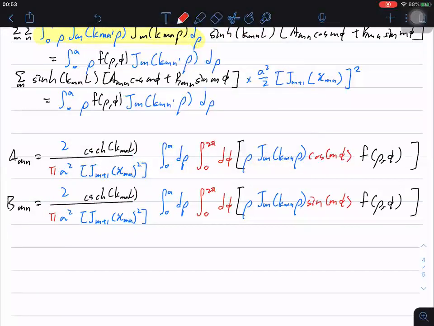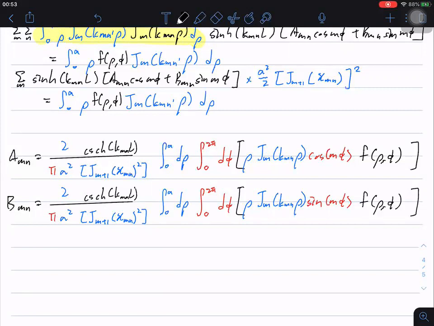So here, you obtain the coefficients. For any general function f, once you obtain the analytical form of f, you just plug it into the integral, perform the integration, and then you can find the coefficients of a_mn and b_mn.